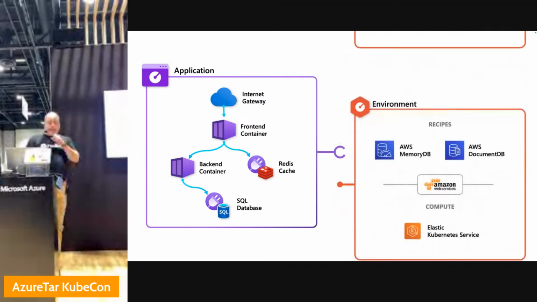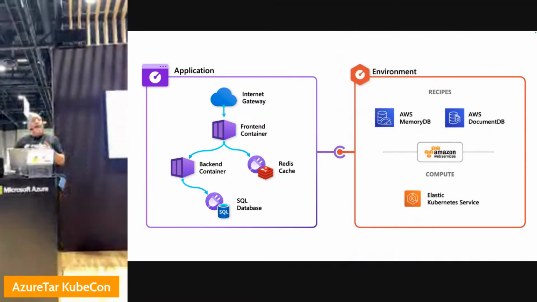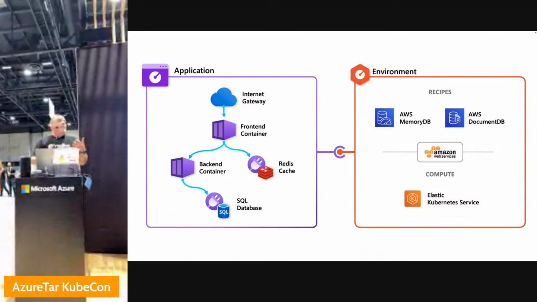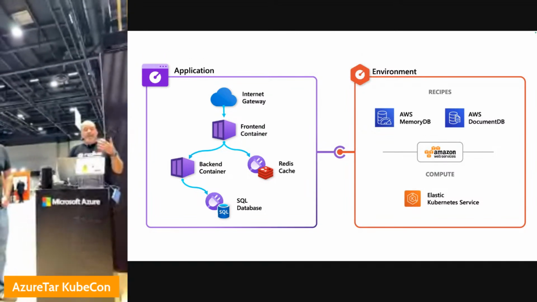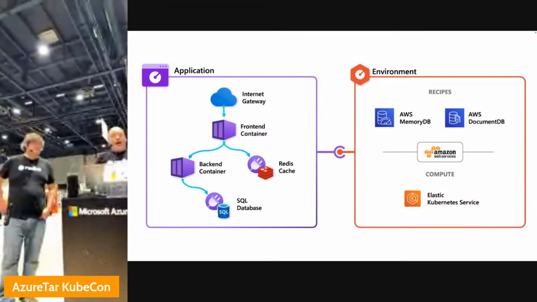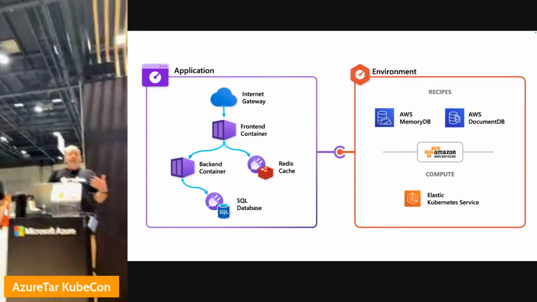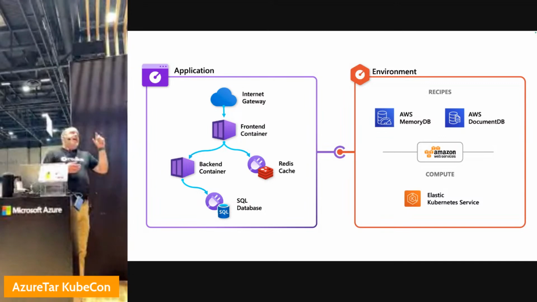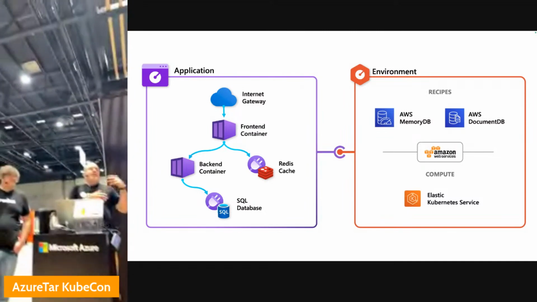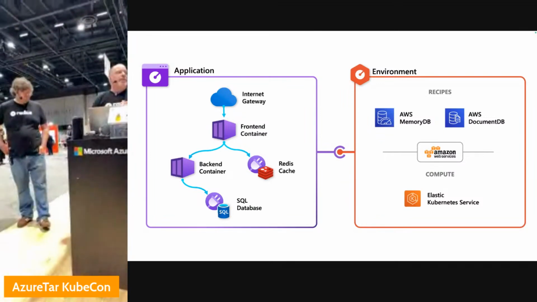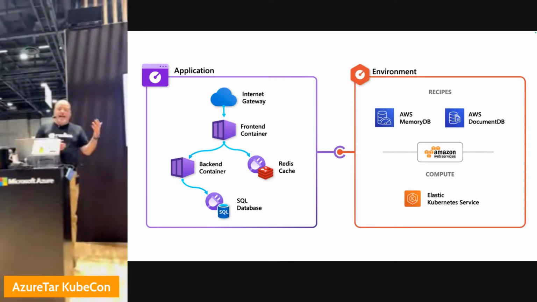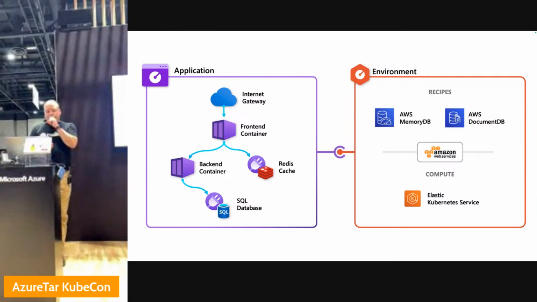Just as readily, the application can be bound to an environment that's native to AWS, using MemoryDB, DocumentDB, and Elastic Kubernetes Service with no change to the application. So the application in this scenario is being treated as an immutable resource that can be deployed to whatever environment meets the business and technical requirements of the team in question.